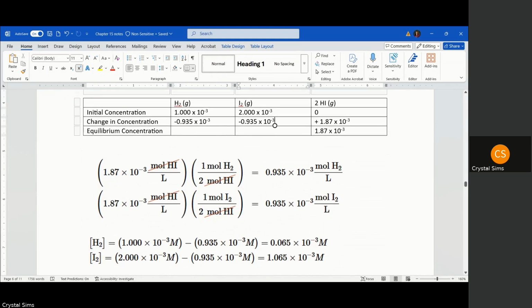So we take our initial concentration of hydrogen gas, subtract out the change, and here then is my equilibrium concentration. I'm going to do the exact same thing for iodine: take the initial concentration minus the change equals my equilibrium concentration.